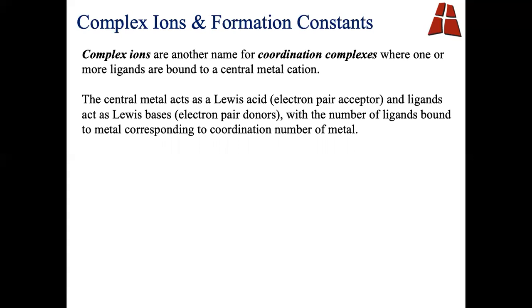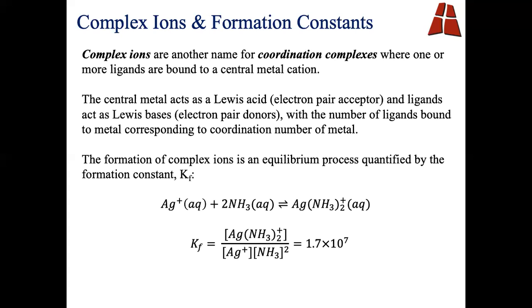Generally speaking, metals, or things with positive charges when they're ions, will be Lewis acids because they will accept electron pairs, whereas things that have electron pairs to donate will be Lewis bases. Those will also typically be ligands.